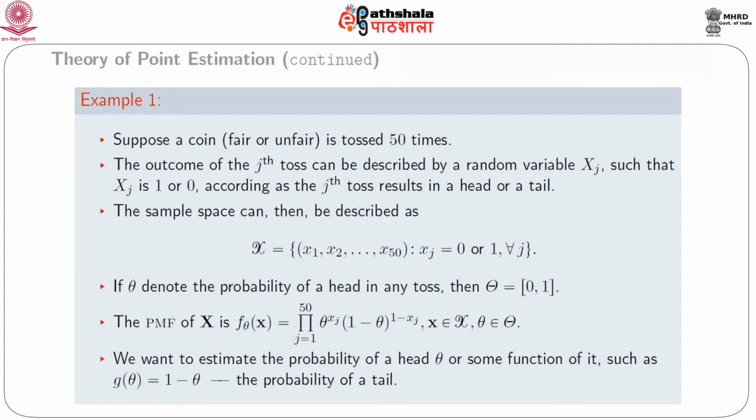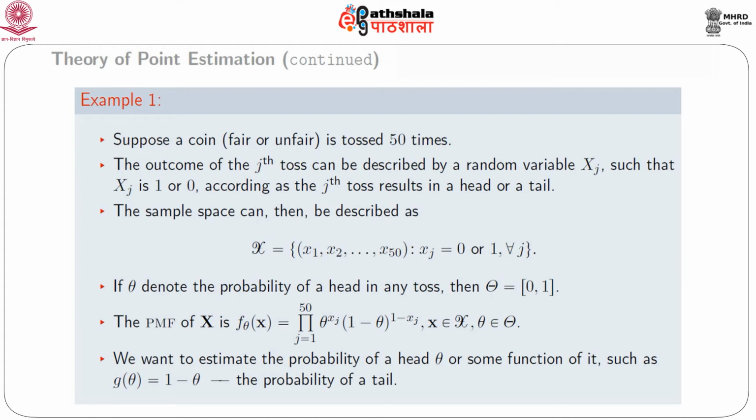The PMF of X is given by f theta(x) = product over j from 1 to 50 of theta^xj (1 - theta)^(1 - xj), where x belongs to script X and theta belongs to script Theta. We want to estimate the probability of a head theta or some function of it such as g(theta) = 1 - theta, which represents the probability of a tail.